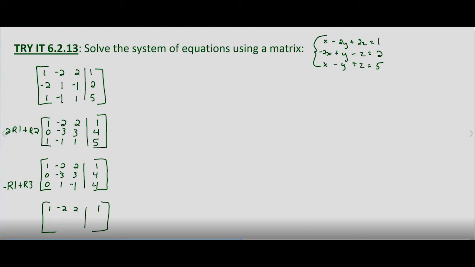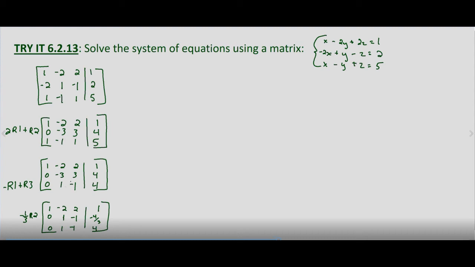Now we want this -3 here to be a 1, so we multiply row 2 by -1/3. 0 times -1/3 is 0. -3 times -1/3 is 1, which is what we wanted. 3 times -1/3 is -1. And 4 times -1/3 is -4/3. And then our last row remains the same, 0, 1, -1, 4.